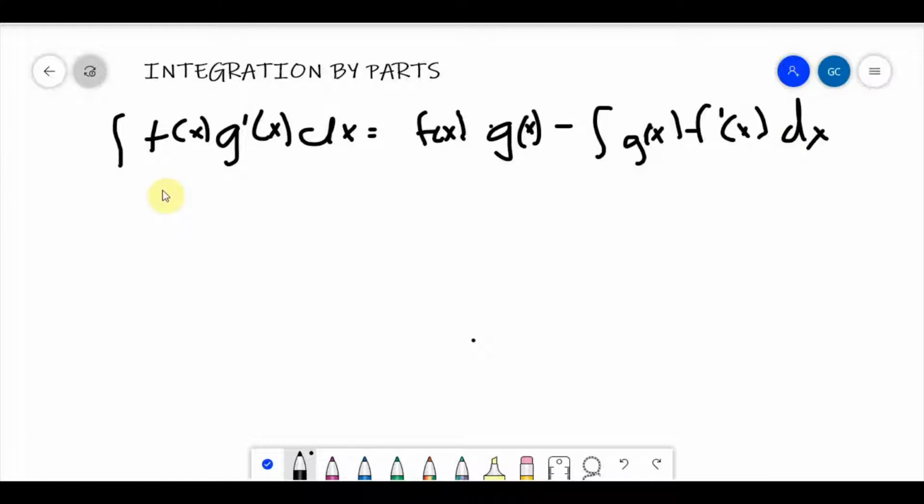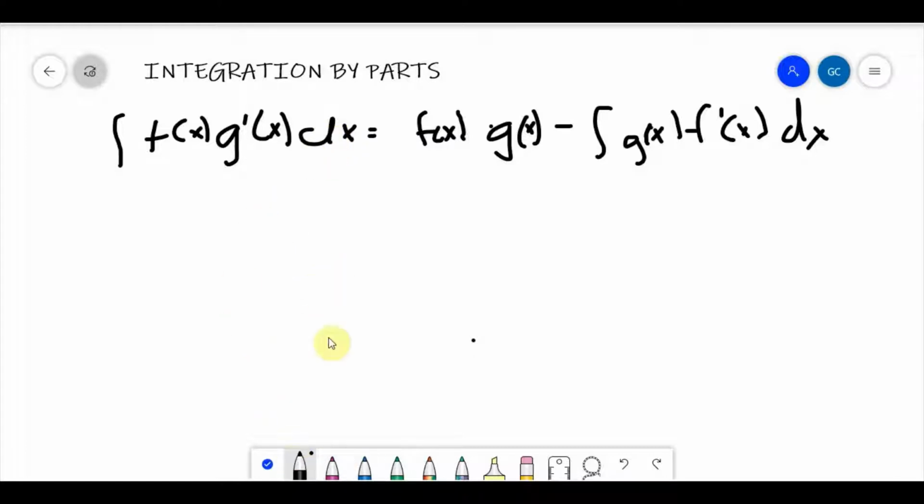Now, f of x times g prime of x dx, the integral of that is equal to f of x times g of x minus the integral of g of x times f prime of x.